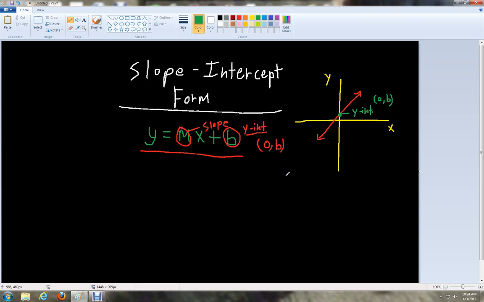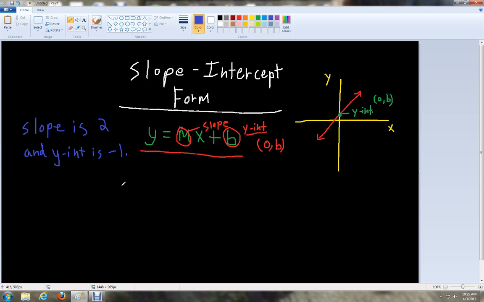So let's do an example of writing an equation in slope intercept form for a line. Let's say the slope is 2 and the y-intercept is -1.